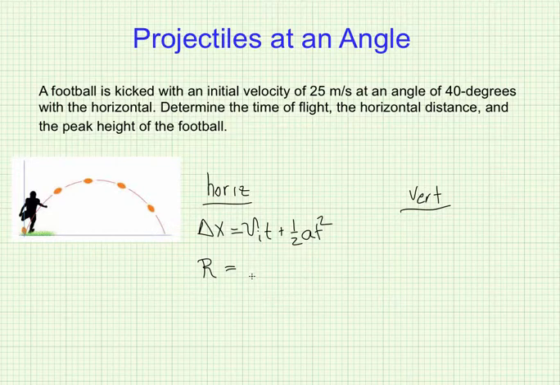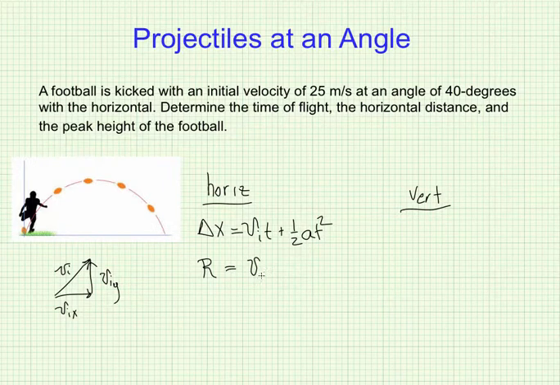Now for the initial velocity, I'm only interested in the initial velocity that's in the x direction. If I have my initial velocity, we're going to have to find this component, and we do that using our trig function. I'm going to need the initial velocity in the x direction, and later the initial velocity in the y direction.